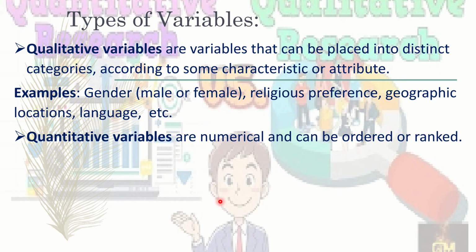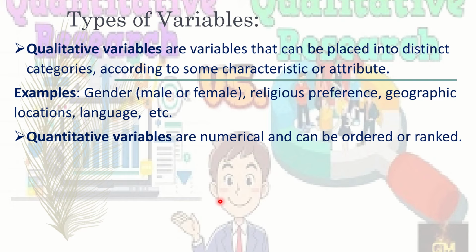Whereas in the case of quantitative variables, we do classification based on quantity. They have numerical values, because we can do quantification through numerical values, and they could be put in order or rank, from smaller to larger or from larger to smaller. Whereas qualitative variables may not be put into some order, or there might be no rank defined.